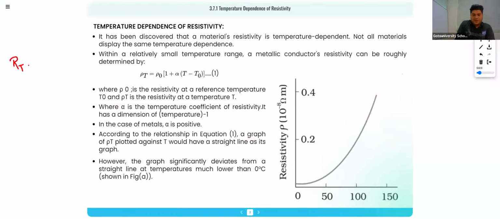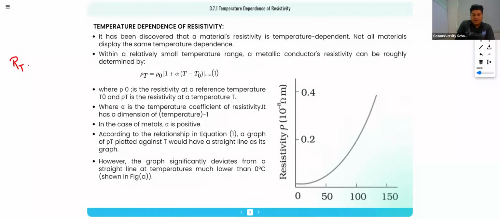What will be the relation of resistivity with respect to temperature? It has been shown in this diagram. Now, if we speak about semiconductor devices, this is our resistivity, this is our temperature, and the graph looks like this. This means resistivity is inversely proportional to temperature.